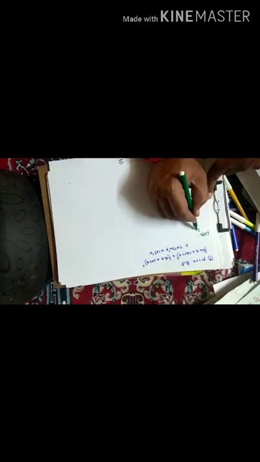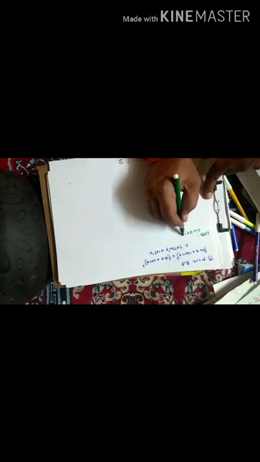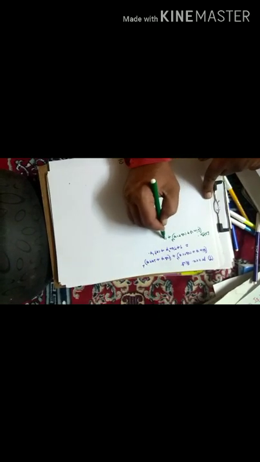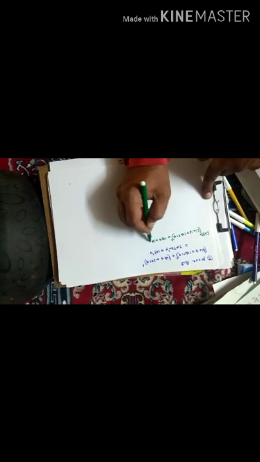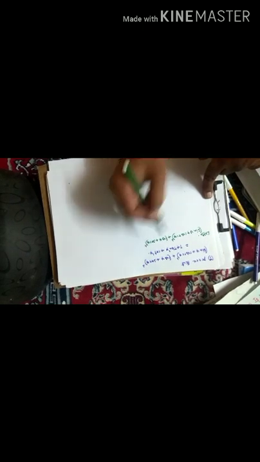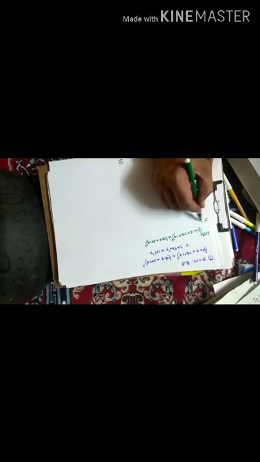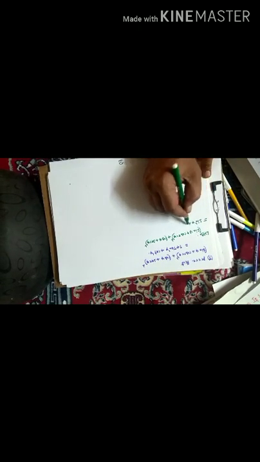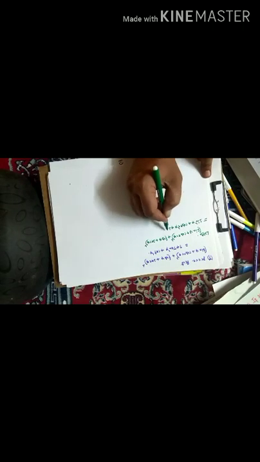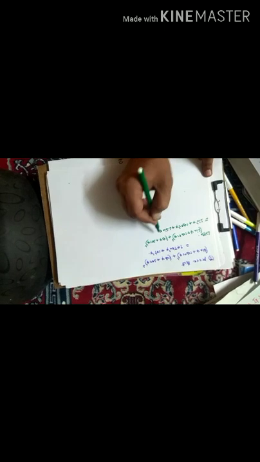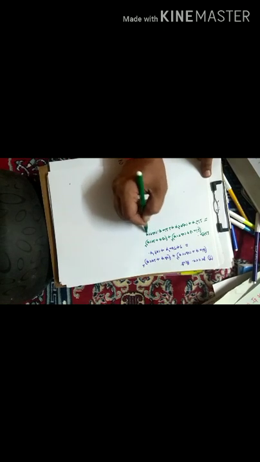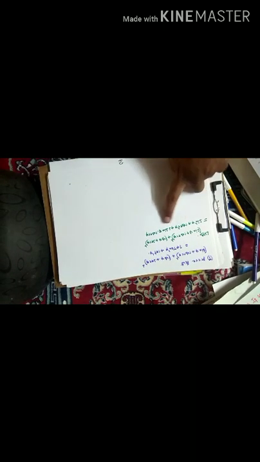LHS is given: sin theta plus cosec theta whole square plus cos theta plus sec theta whole square. This is the LHS. You open with a plus b whole square. This is nothing but sin square theta plus cosec square theta plus 2 into sin theta and cosec theta, a square plus b square plus 2ab.